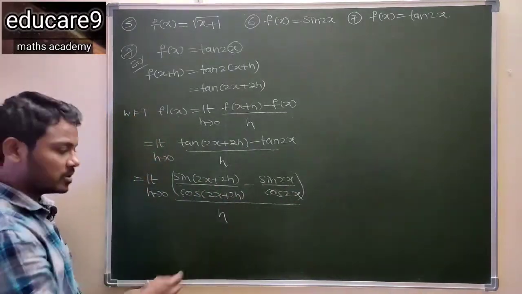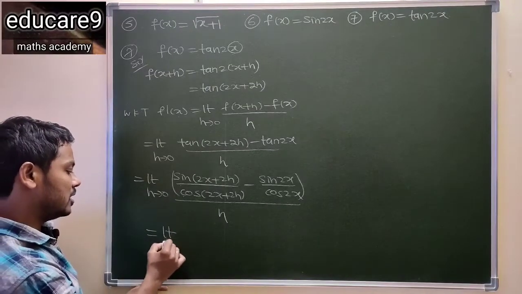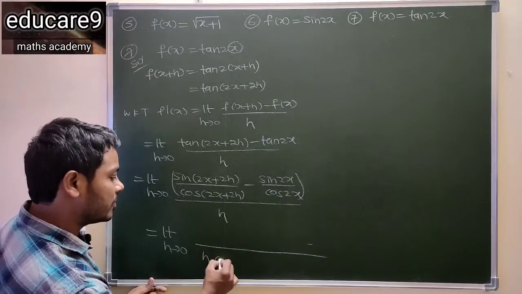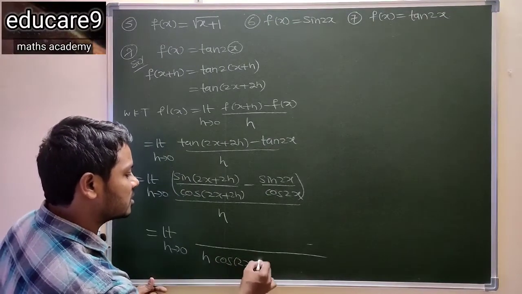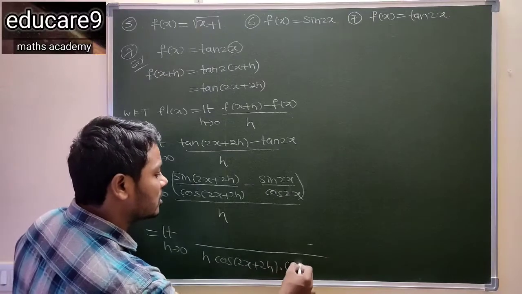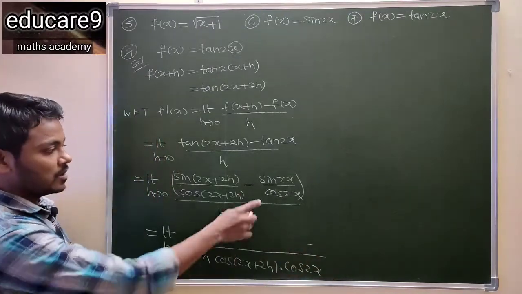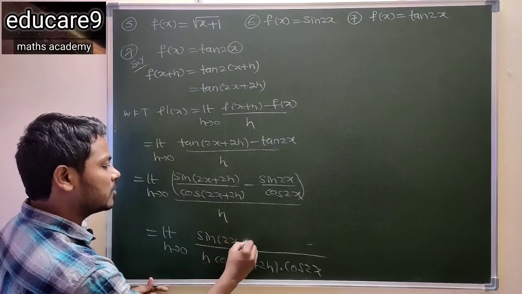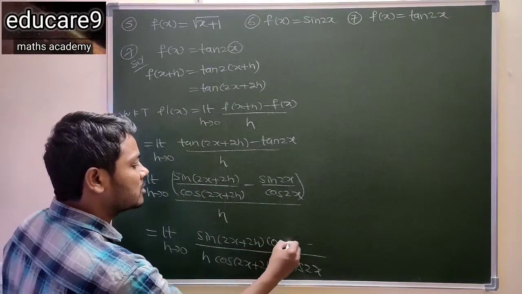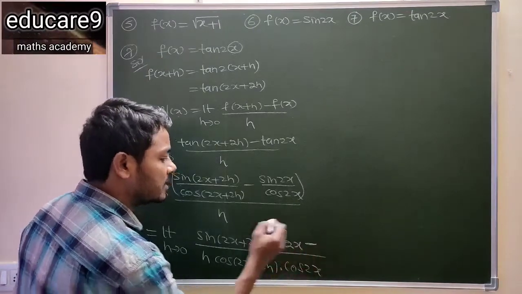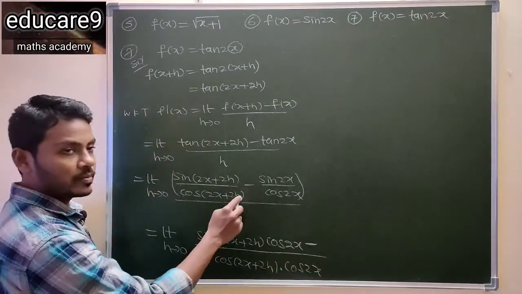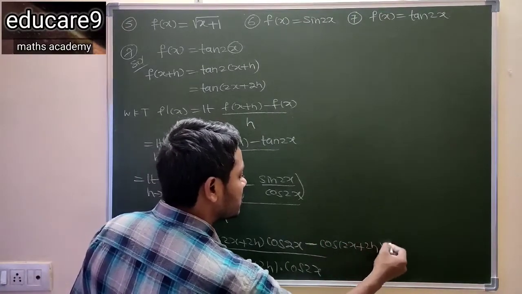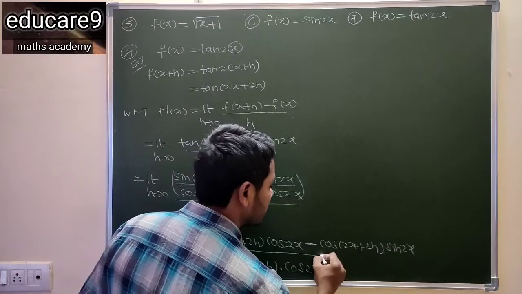And take LCM. What is the LCM here? Limit h tends to 0. Here the LCM is h into cos of 2x plus 2h into cos 2x. Multiplying these two: sin of 2x plus 2h into cos 2x, minus multiplying these two: cos of 2x plus 2h into sin 2x.